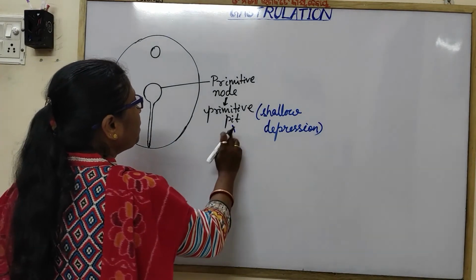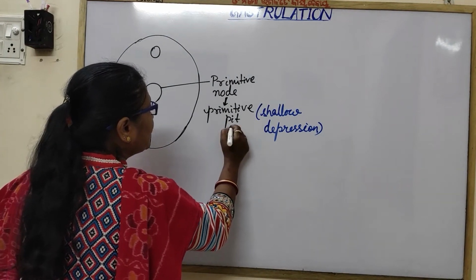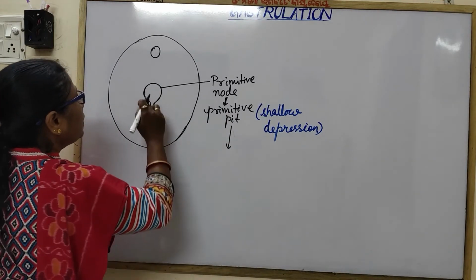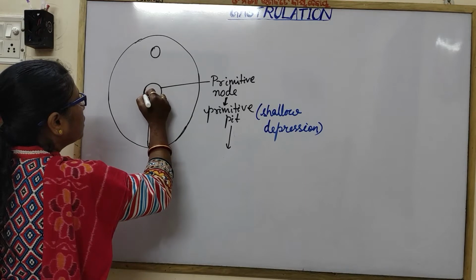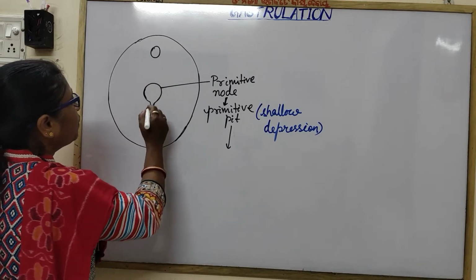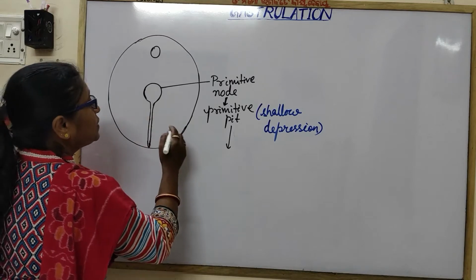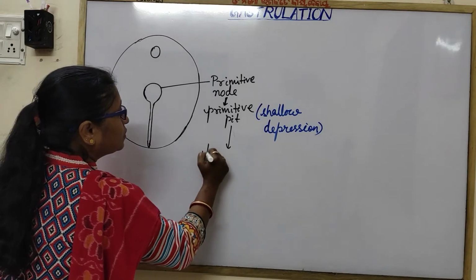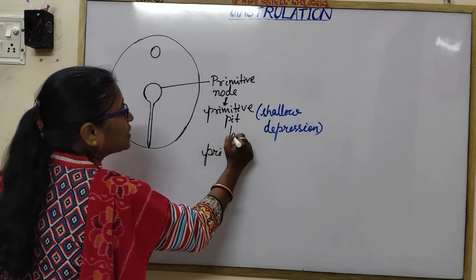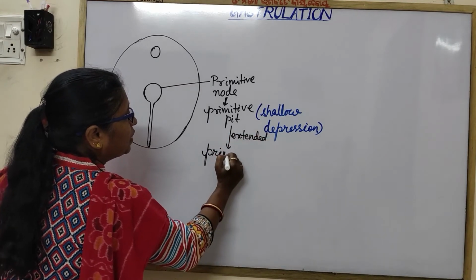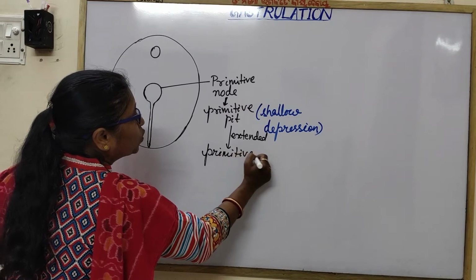Then this primitive pit is extended towards the caudal region along the axis of the embryo, and when it is extended, it forms the primitive groove.